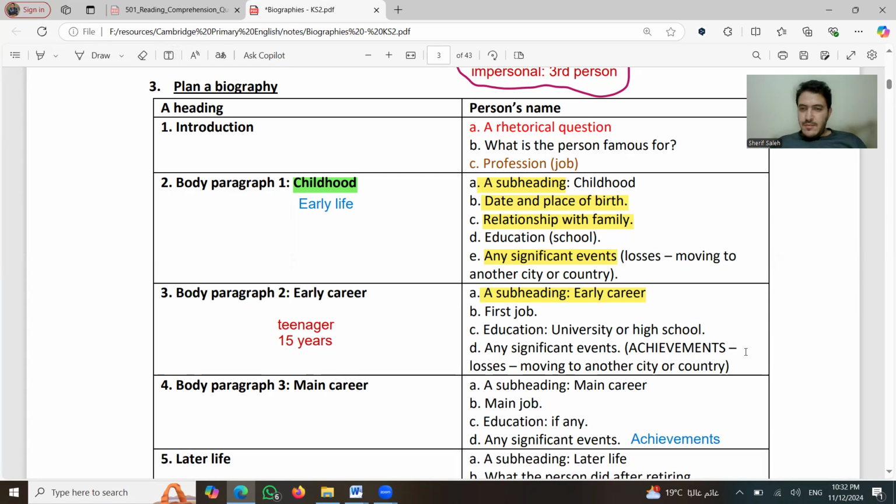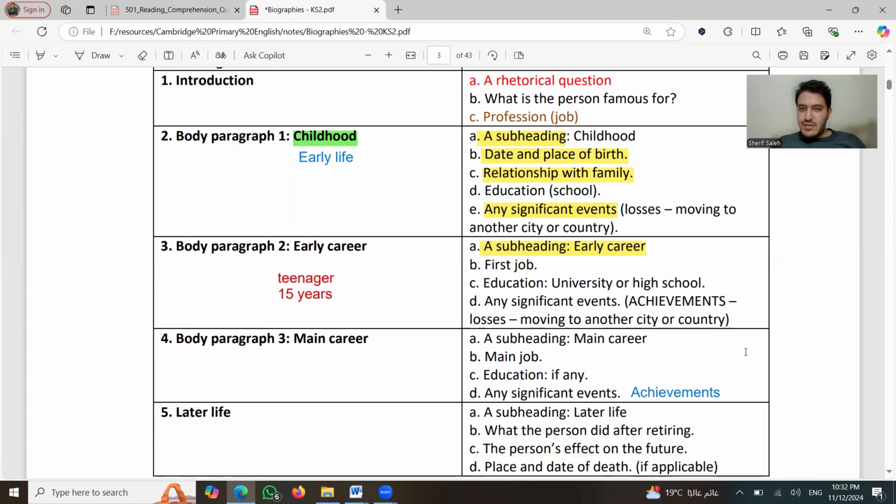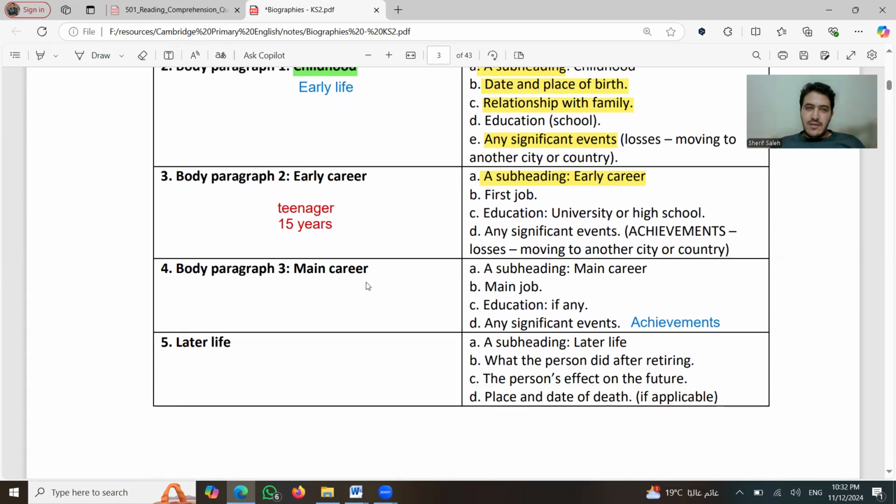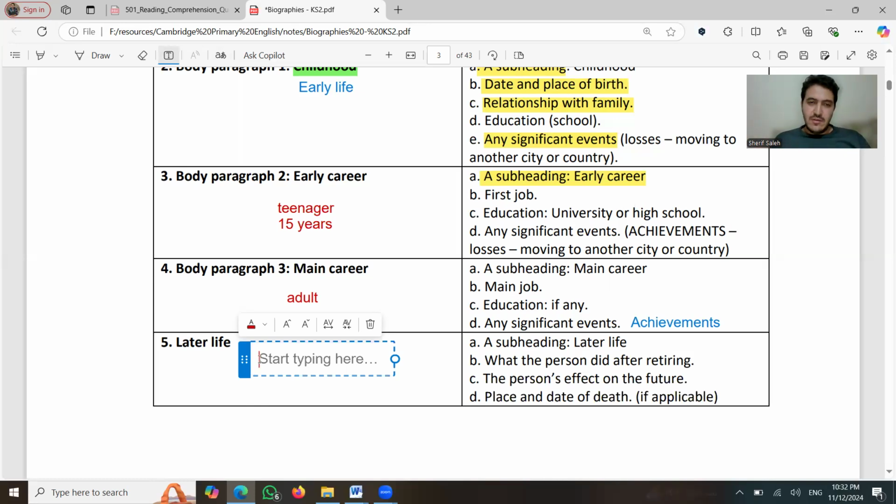The person may have some achievements and may not, but again, first job and education or university, then the person becomes an adult where the person goes for the main job and maybe achieves what he or she wants from life. And then later life, if the person is dead, or maybe if the person retired, it depends on who you're writing about. Otherwise, it could be current career, as we did with Lionel Messi, since the person is still active.